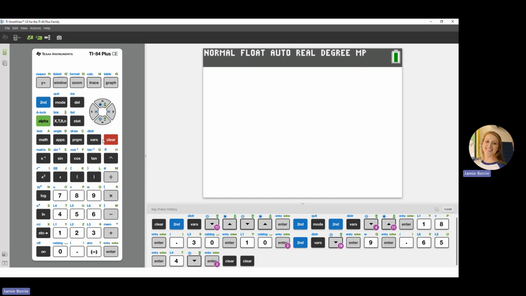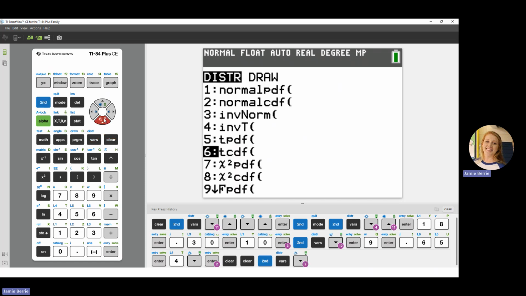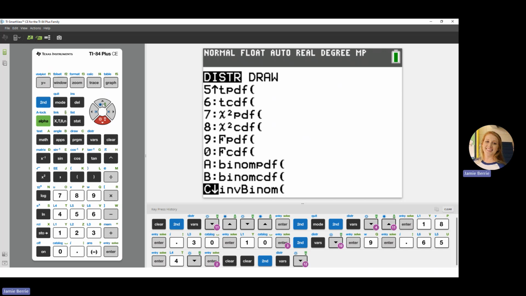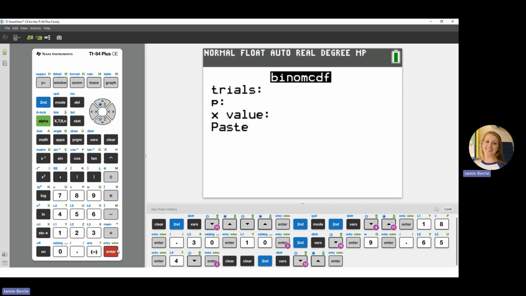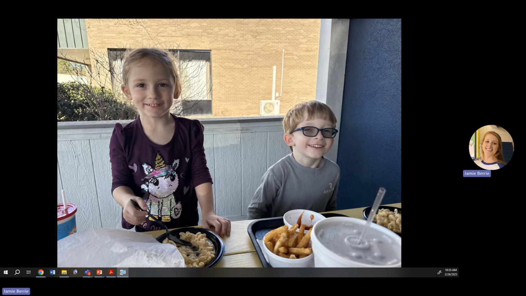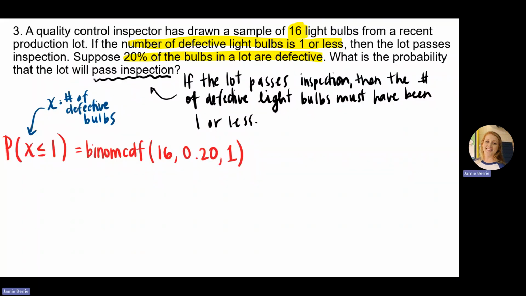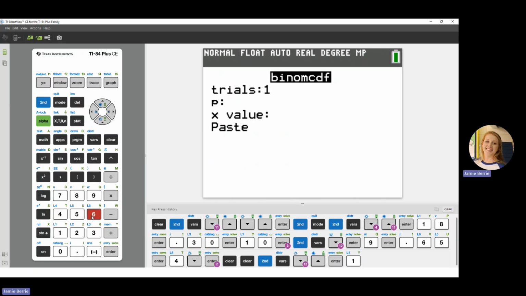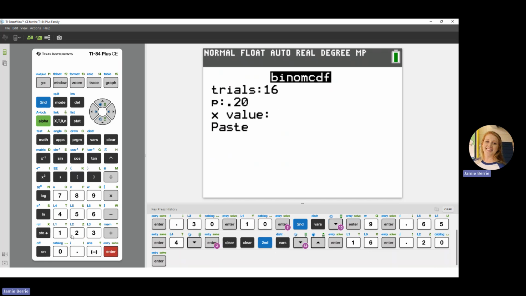So let me clear that out. Let's go to second vars, scroll way down. There we go, binom CDF. Trials, let's see, I've already forgotten. There we go, 16 bulbs, 0.20. So 16 bulbs, 20% chance that they're defective, and we're looking for the probability that X is 1 or less.